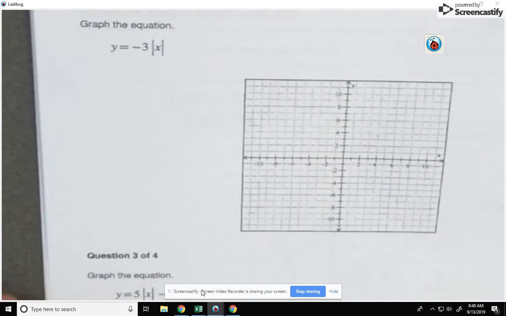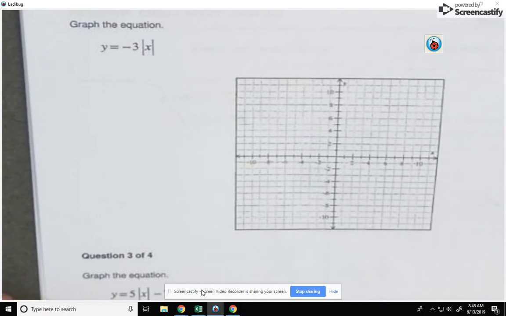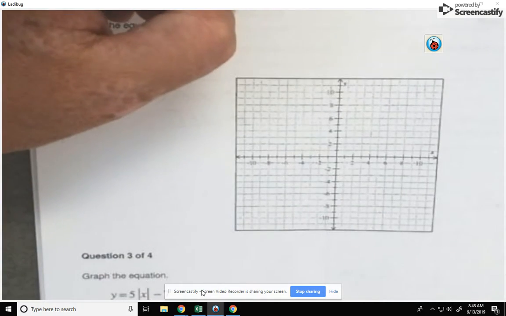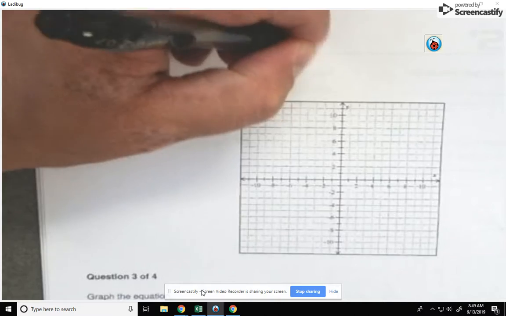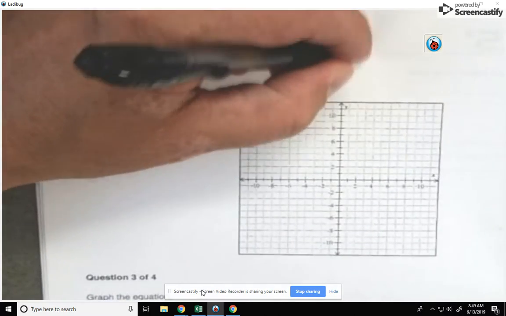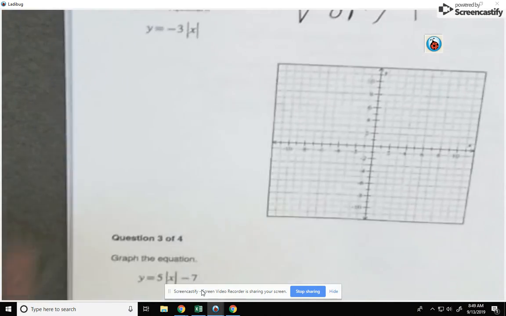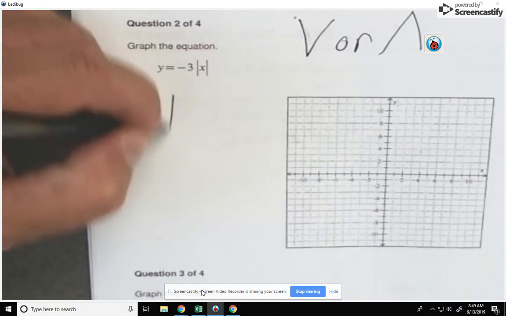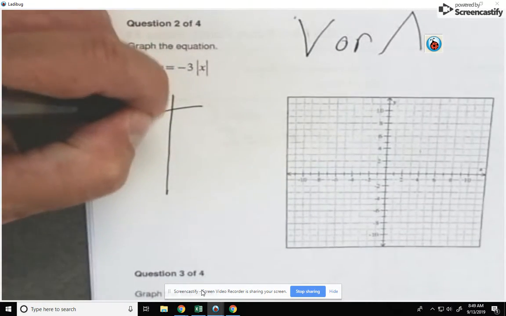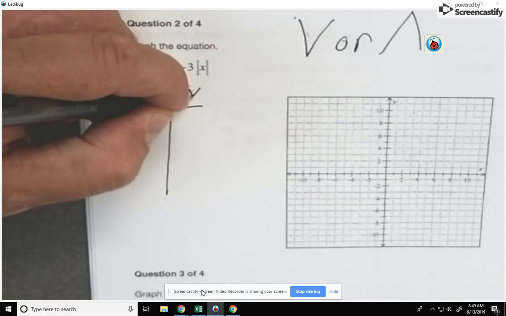Questions 2 through 4 are all asking you to graph absolute value functions. Absolute values should always form either a V or an upside down V. So if we look at our first question, question 2, we need to get 3 points.